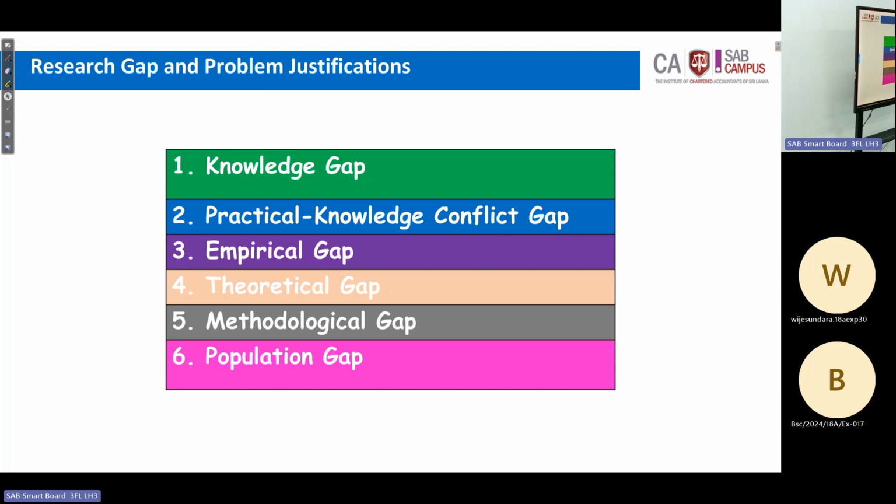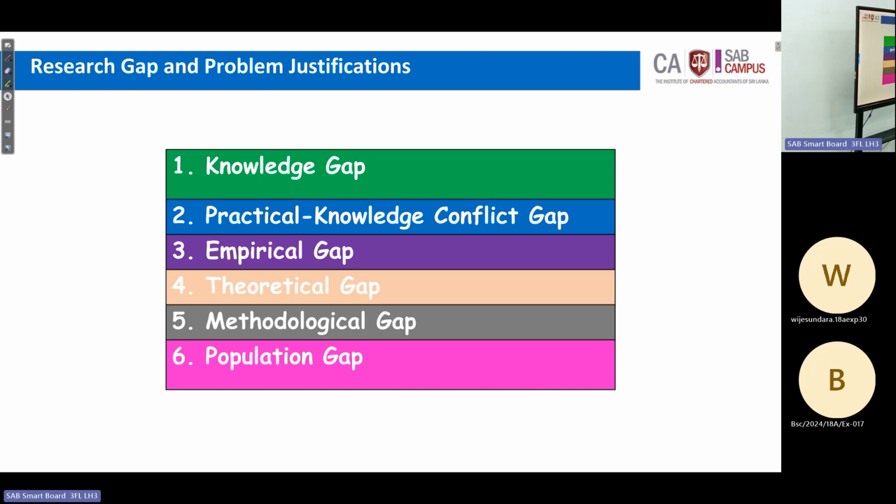If there is a gap between the knowledge and the practical world, what can you do? You can do a research, you can identify a problem there, right? You can identify a problem there and go for research. That's a problem, right? So research gaps and problems are in line with each other. Problem and gap are the same thing.